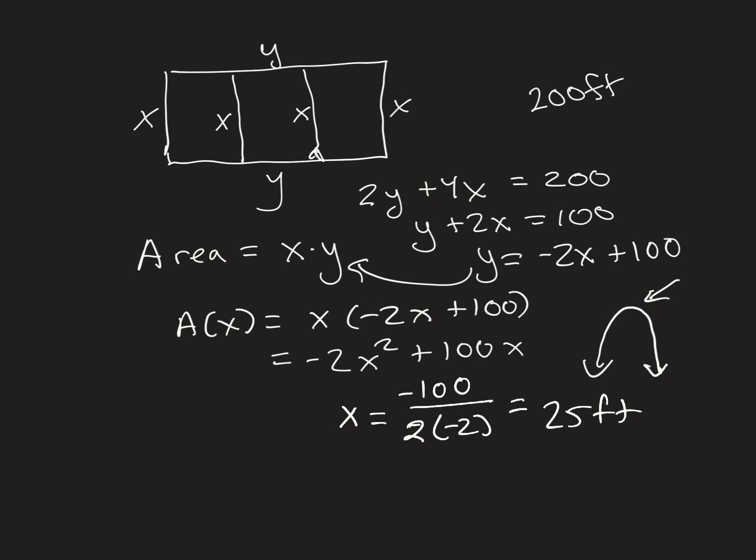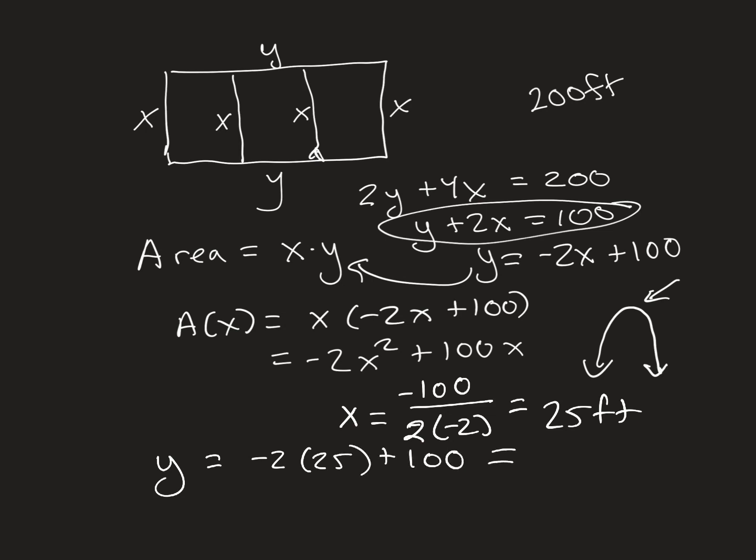To get the y dimension, you're not plugging it back into a of x, because that'll get you the max area, which we do want too. But if I want the y dimension, I'm going back to the relationship between the two variables in terms of the dimensions. So y equals -2 times my x dimension plus 100. So it looks like the y dimension is 50 feet. So the dimensions that give you a max area are 25 feet by 50 feet.